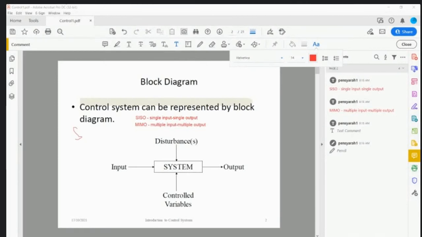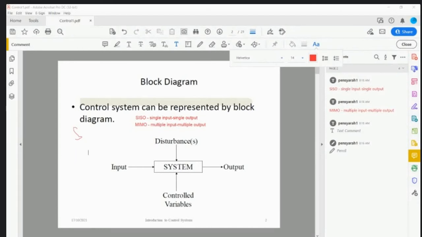Then someone accidentally opens the window in that room. The window is actually the disturbance to the system, because it allows heat from outside into the room, and the heat will affect the performance of the aircon system. So that is an example of disturbance.